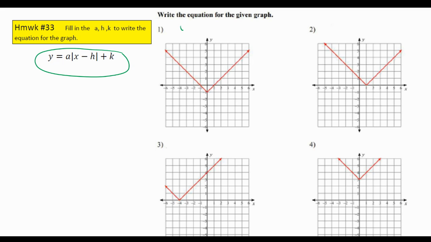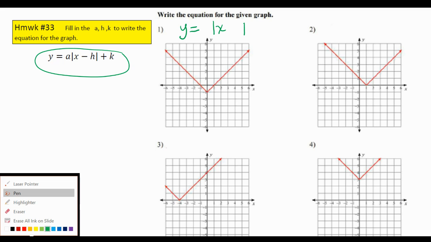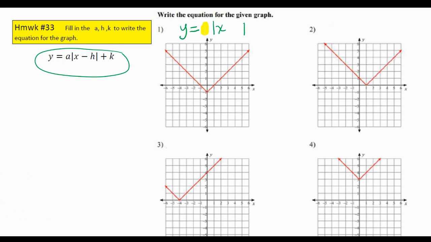So the answer for number 1 should start y equals, absolute value, and then fill it in. What are you filling in here, here, and here? Just like we did. Okay? You can hit pause if you want to stay on the video.